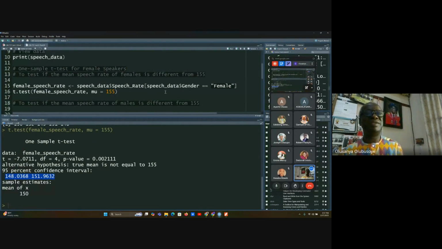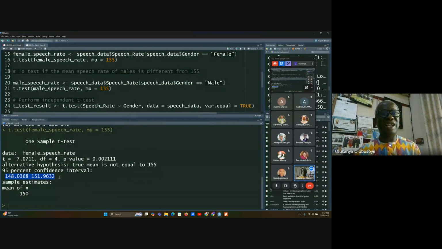Now, that is for female. We can also have the same thing for male. So we can run the same process for male. We only change here to male and then select only the male speech rates. So we can run this line.